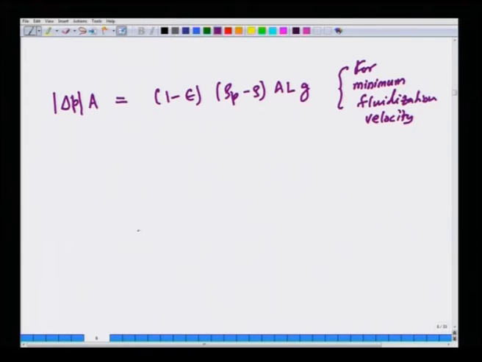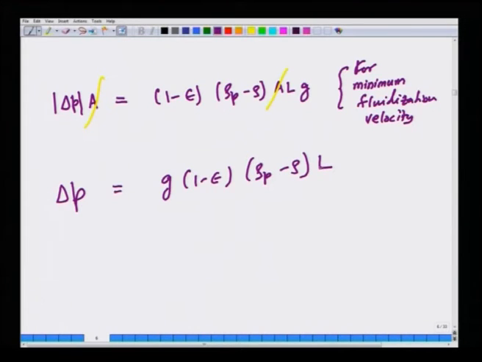Now, the two factors of A cancel out, so delta p will therefore be g times 1 minus epsilon times rho p minus rho times L. The porosity at the onset of fluidization will be the minimum compared to when the bed is fluidized.